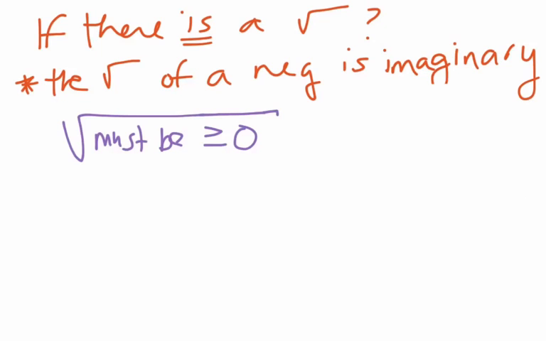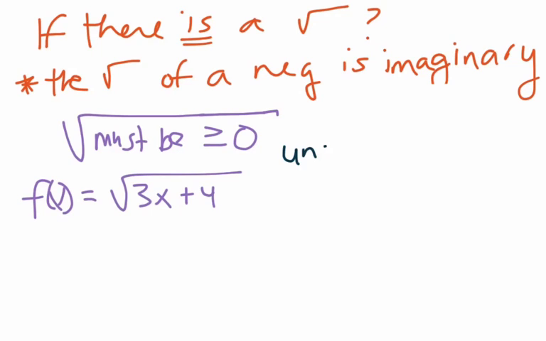I don't want you memorizing random facts here. So let's look at this. If you have f of x is equal to the square root of 3x plus 4, here's your reasoning. Under the square root has to be greater than or equal to 0.